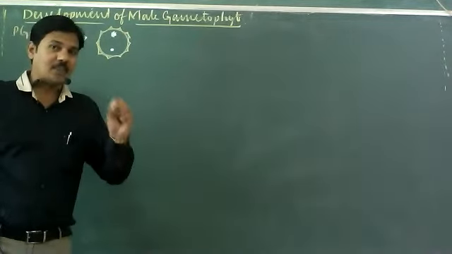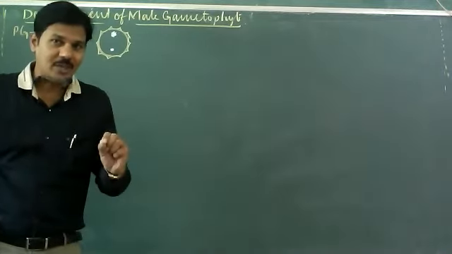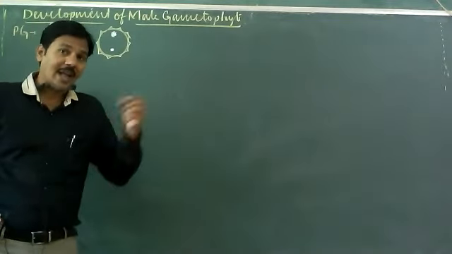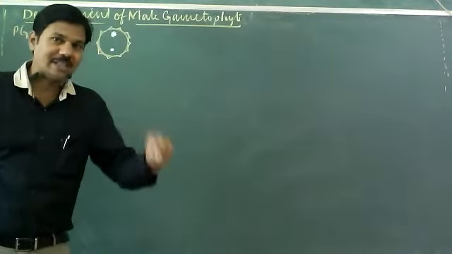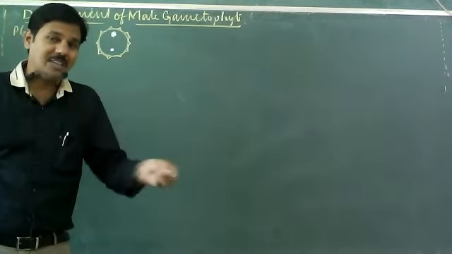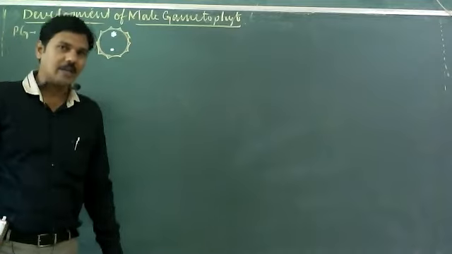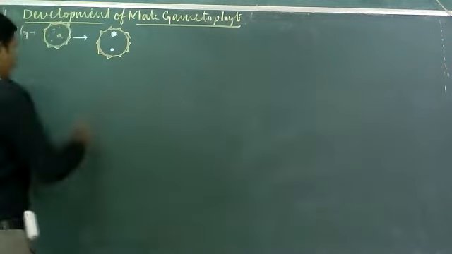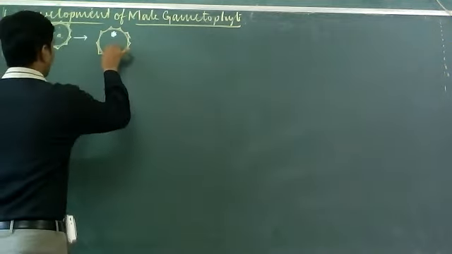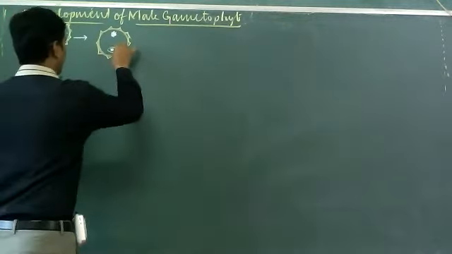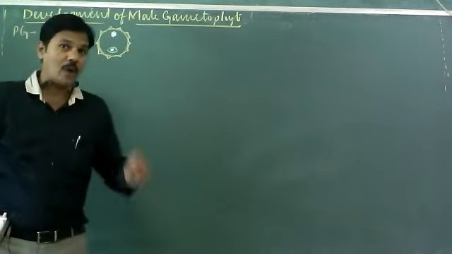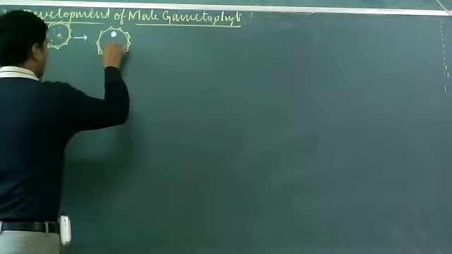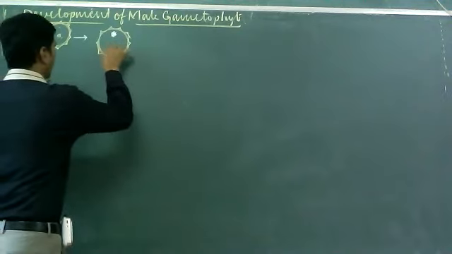The nucleus of the pollen grain undergoes an unequal mitotic division, which results in two different-sized nuclei. Now see here, the smaller nucleus is surrounded by cell wall. That means cell wall formation takes place around the smaller nucleus.